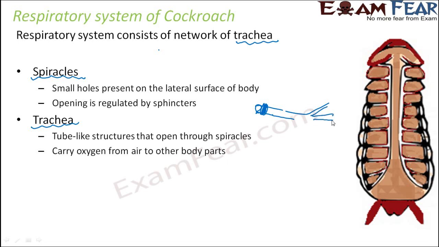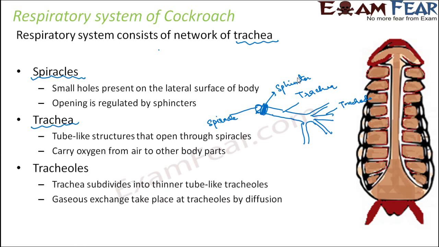And then this trachea will branch out to form tracheoles. So this is trachea. These are tracheoles. And what is this hole? This hole is nothing but spiracle. And this is the muscular sphincter. So this is how the structure is.